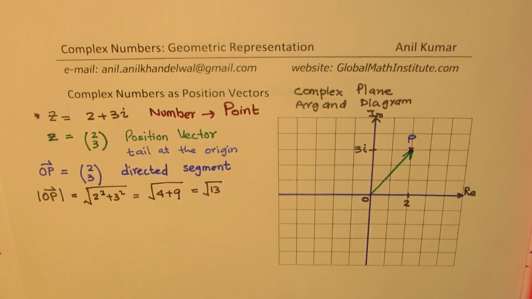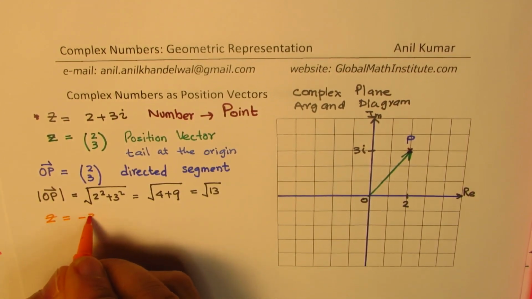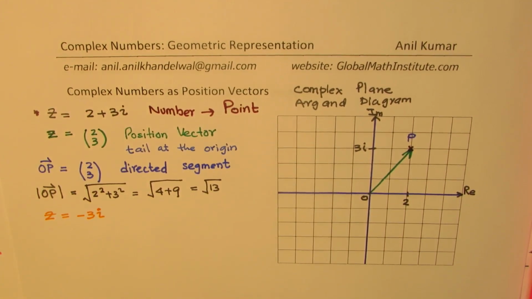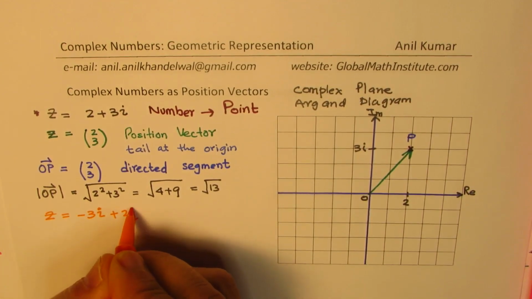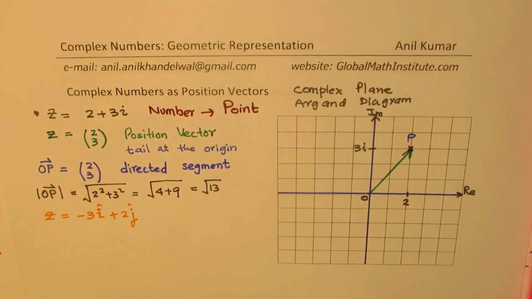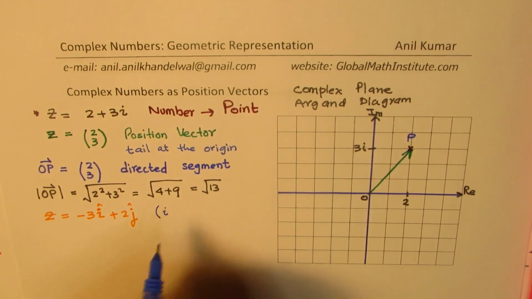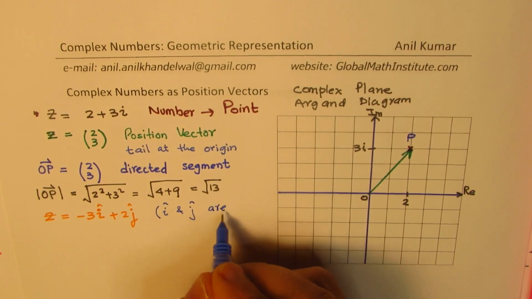So we could have a vector z equals minus 3i plus, let's say, 2j, where i and j now are the unit vectors. So in this case, when I write like this, i and j are unit vectors.